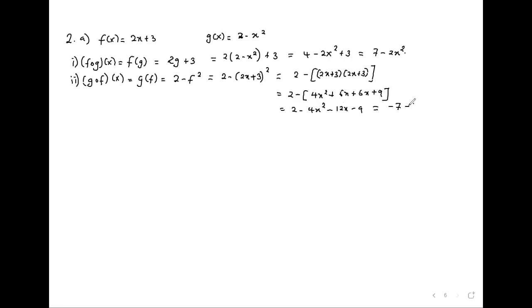So I'm making a mistake there. Let's add the variables: -4x squared, then minus 12x, then minus 7. So this is our composite function.